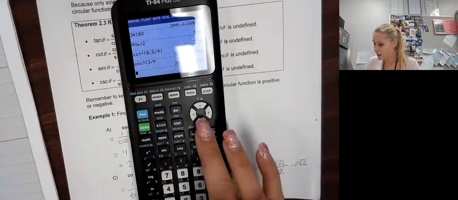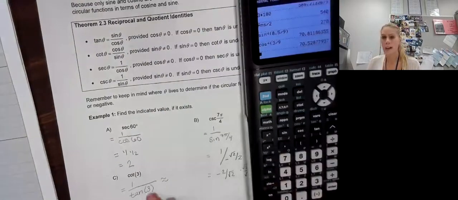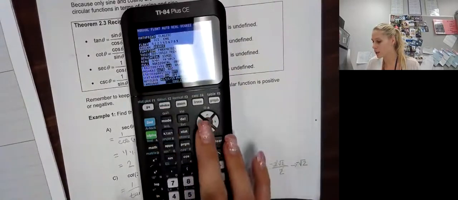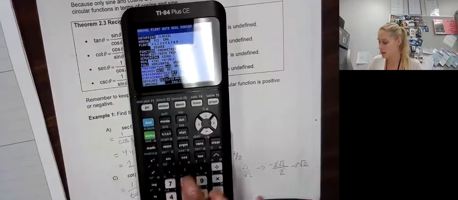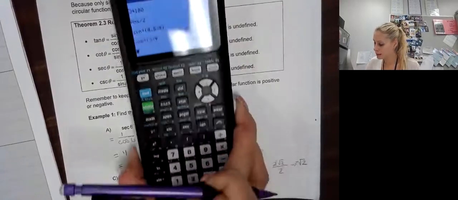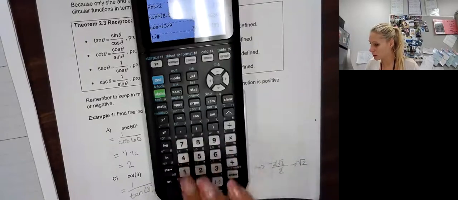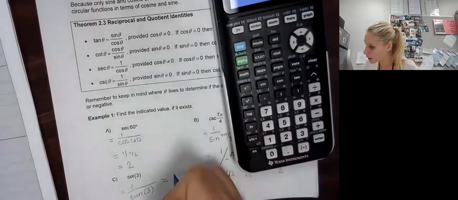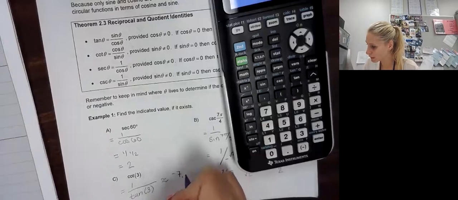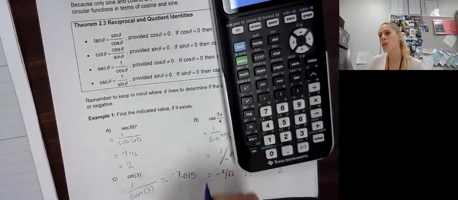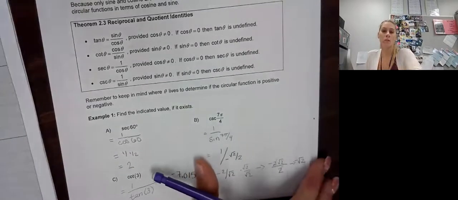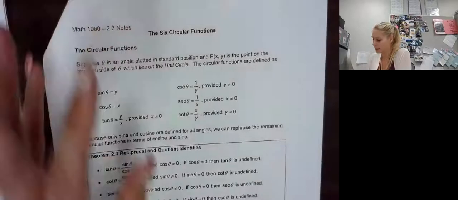Now, one thing you want to keep in mind also is that if it does not show degrees, it automatically means radians. So I actually have to switch this because I was doing degrees with my secondary 3 class. And I get approximately negative 7.015. Usually they go out to the 3rd decimal place, so that way it gets you ready for calculus, which makes you always go out to the 3rd decimal place.